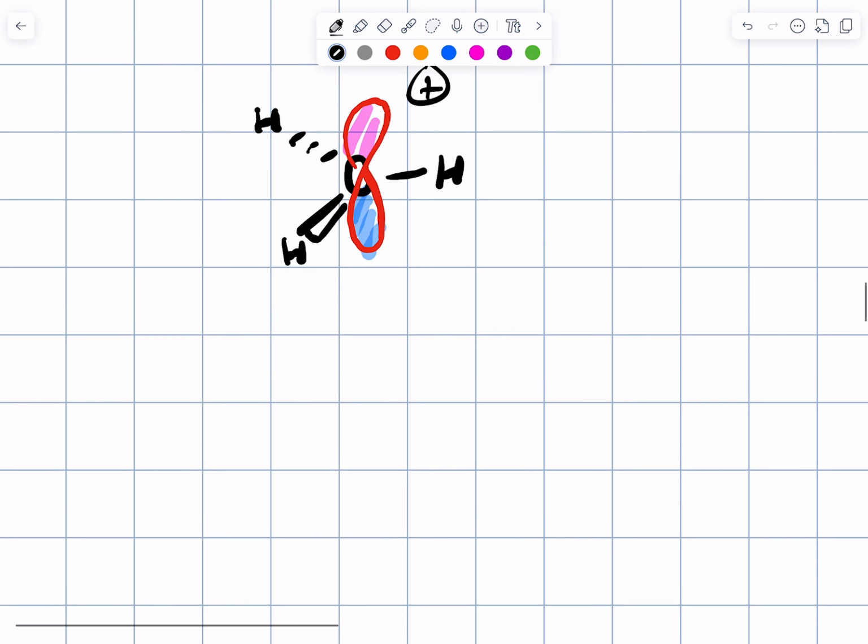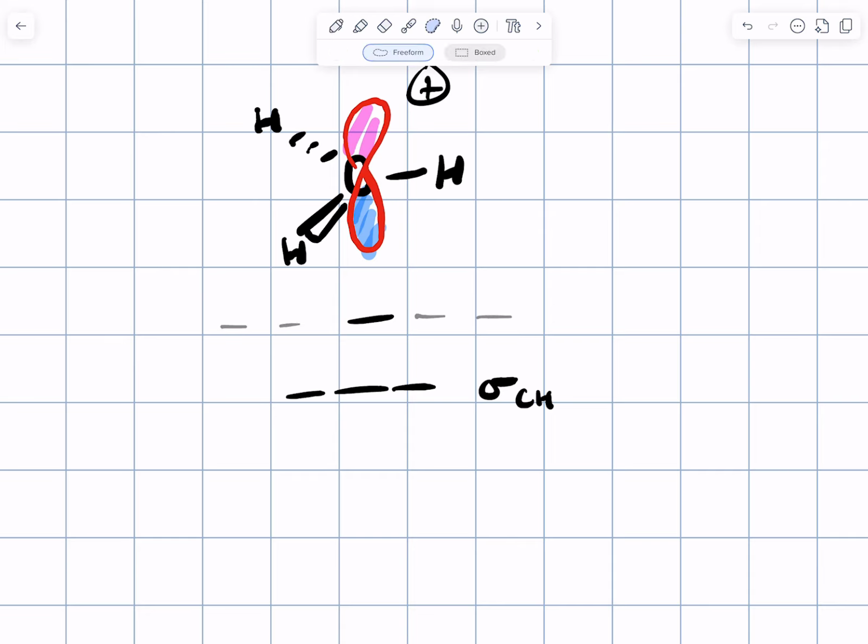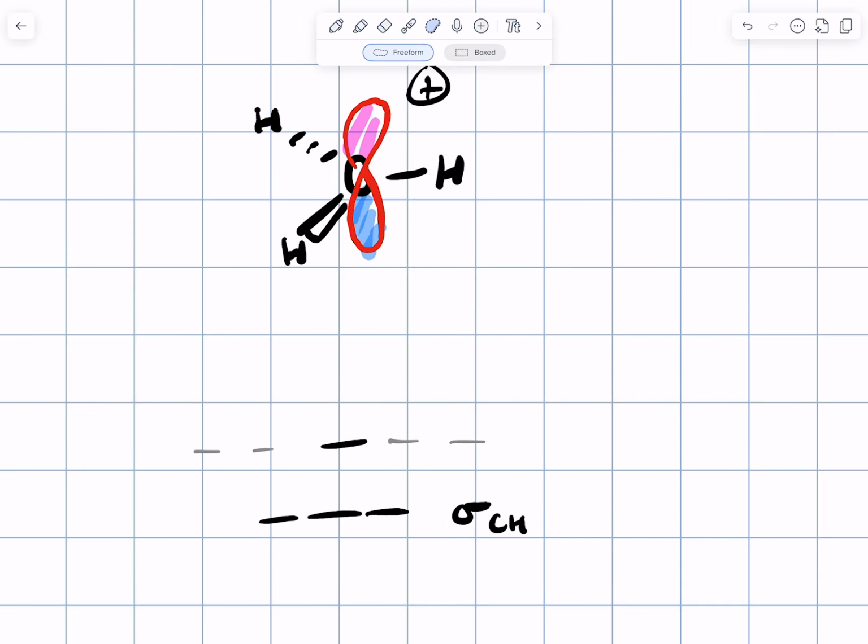If we looked at its molecular orbital diagram very roughly, we'd see that there are 3 CH sigma orbitals, and then there is that empty p orbital right at that break-even point. Let me move that, better board management.